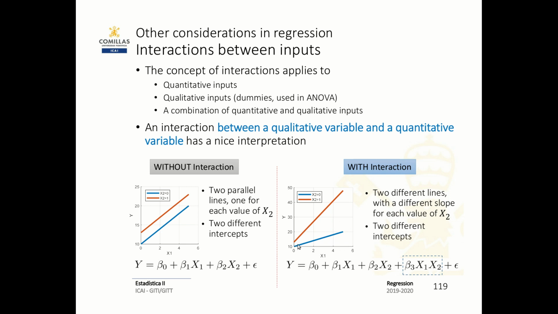So that means that we are changing not only the intercept, but we are also free to change the slope of the dependence of y onto x1 when x2 takes a different value. So now the interactions are changes in the slope and intercept of the regression line.